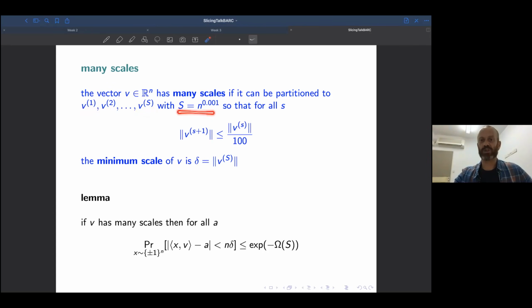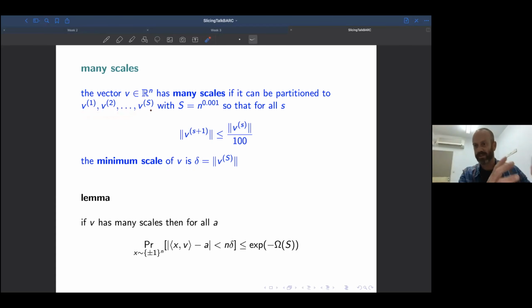And there are many chunks, okay? Not very small chunks. And what is the property of this thing? The norm of V1 is much larger than the norm of V2. The norm of V2 is much larger than the norm of V3. And this is true for all of this sequence. So the name is sort of explanatory. It has many scales.